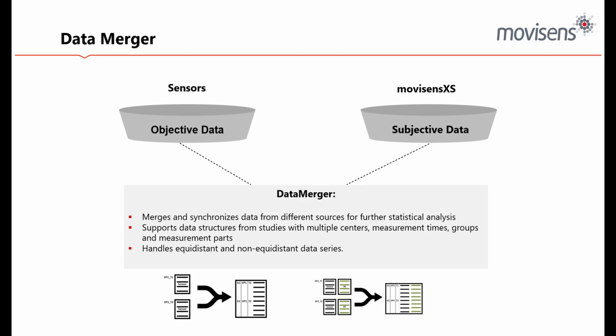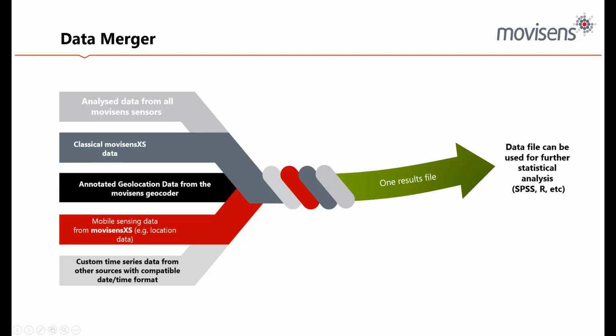Movisens Success tends to track everything in 60-second epochs, and so obviously it works incredibly smoothly when your sensor data is also analyzed at 60-second output interval epochs. However, it's not essential. We can still merge these data sets and actually have one complete table of actual results at the end per participant. So it's a real massive advantage.